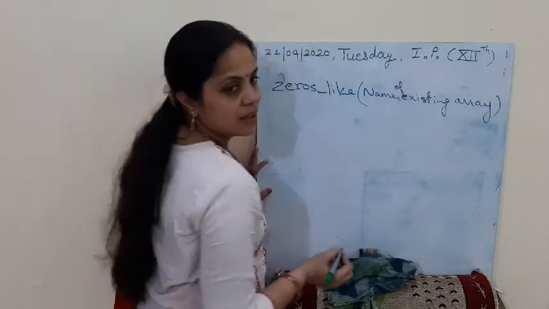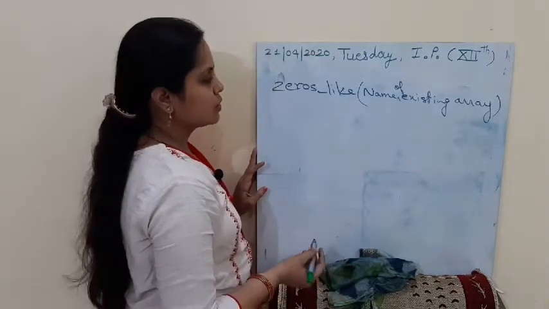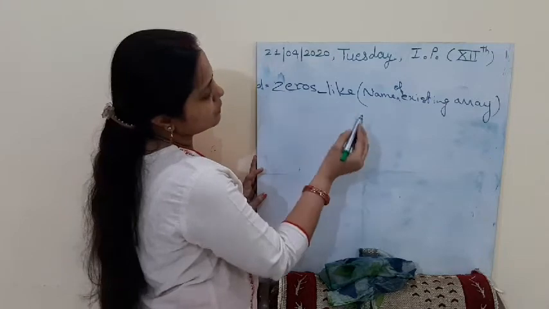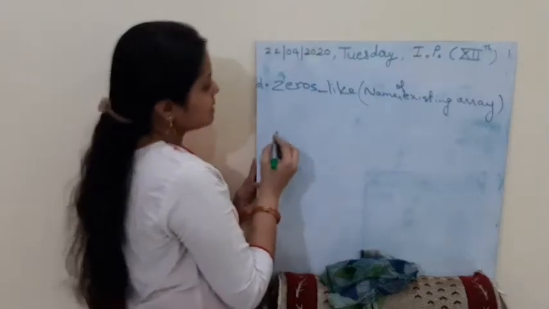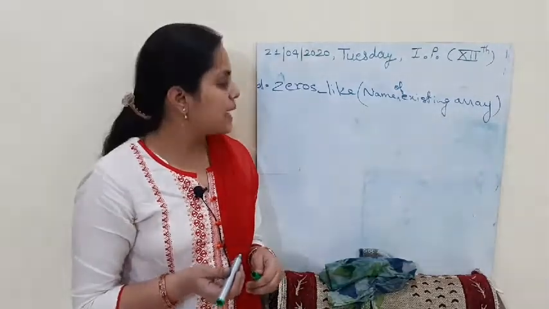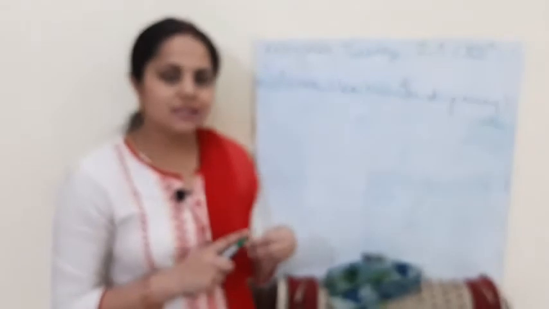So the result, if I write A1 is equal to zeros_like(existing array). Similarly, this can be used with ones, this can be used with empty also. I hope that you will be understanding this.